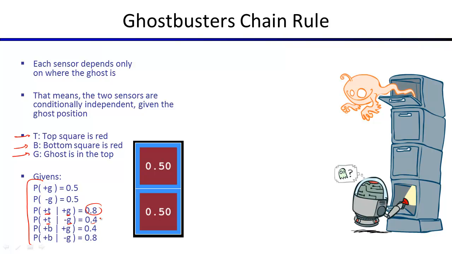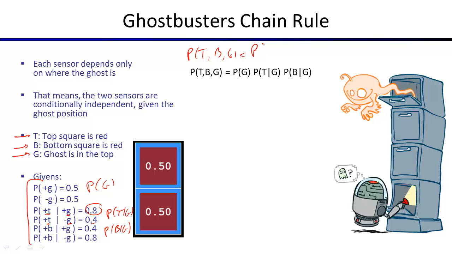So what do we have here? Effectively, we have a distribution for G, one for T given G, and one for B given G. 3 tables. If we apply the chain rule naively, we would get something like this. If we put G first, this would be equal to the distribution for G times T given G times B given T and G. But we assume that these sensors are independent given a fixed ghost location.